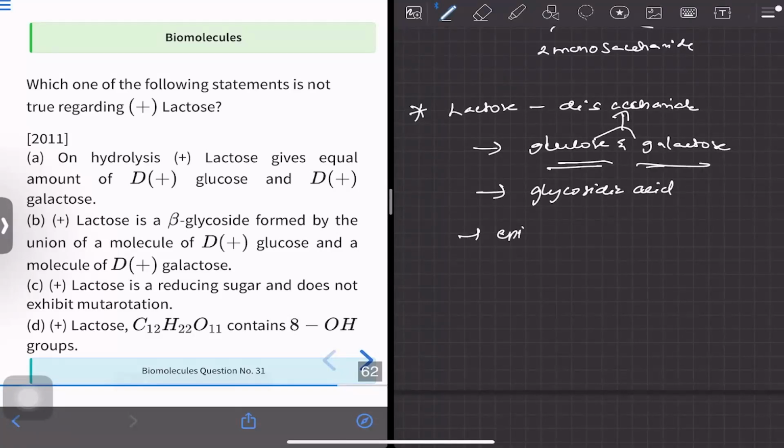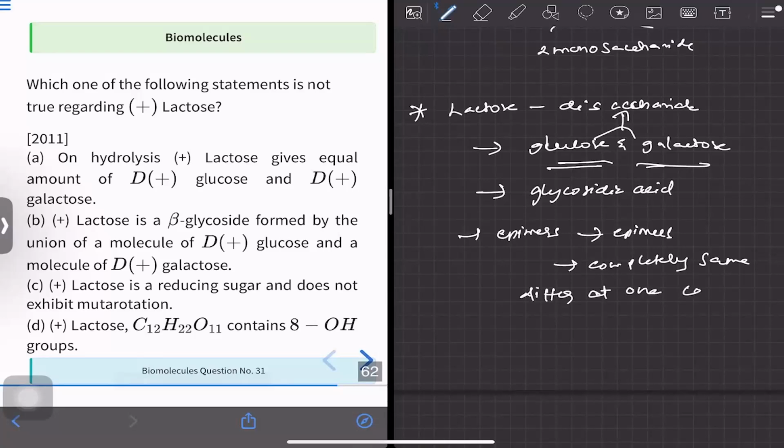These two are epimers. You know what is meant by epimers? Epimers are substances that are completely the same, except they differ at 1 carbon.